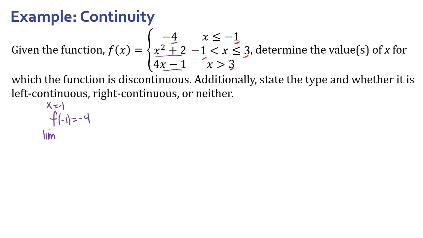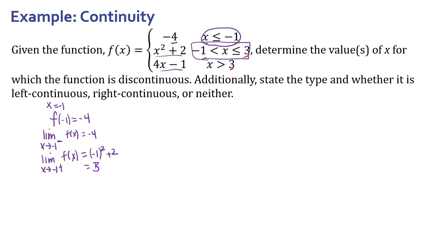As I approach -1 from the left, so numbers that are smaller than it, I'm in this piece, so it's just going to be -4. As I approach it from numbers that are larger than -1, now that puts me into this piece. Those are x values that are larger than -1. So that's going to be -1 squared plus 2, which is 1.